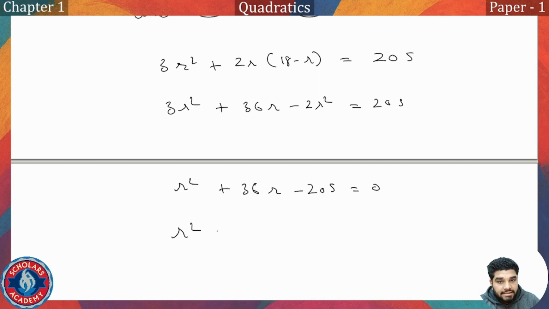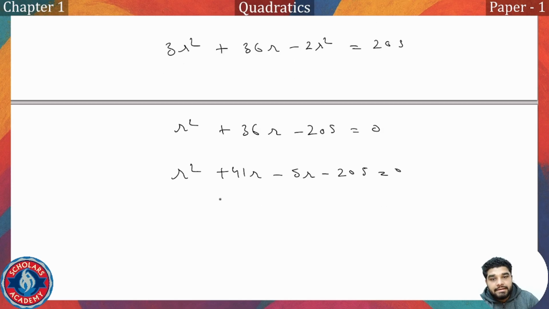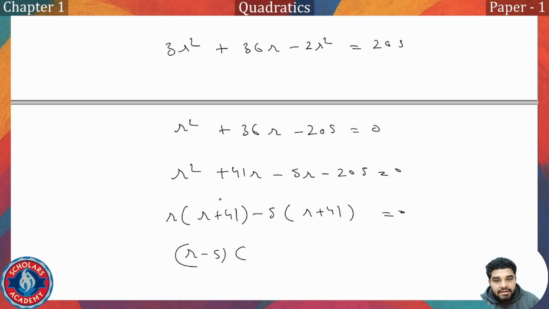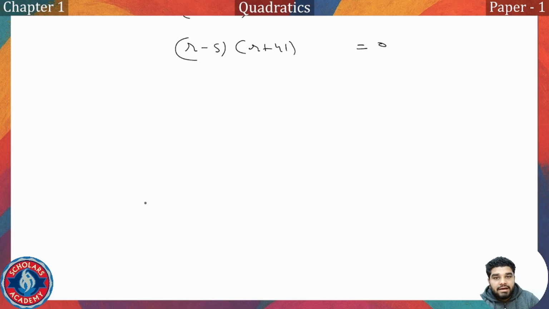Yes, I can get that. So r square plus 41r minus 5r minus 205 is equal to 0. Right? I can take r common, r plus 41, and minus 5 common, r plus 41 is equal to 0. From here, r minus 5 and r plus 41 is equal to 0. We get r is equal to 5 or r is equal to negative 41. This is not accepted. So radius is equal to 5.